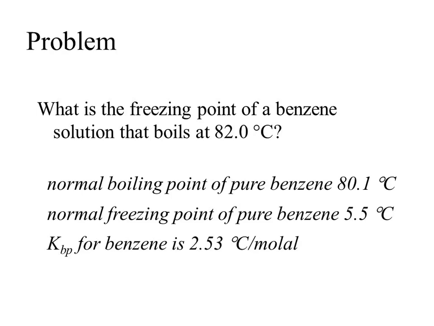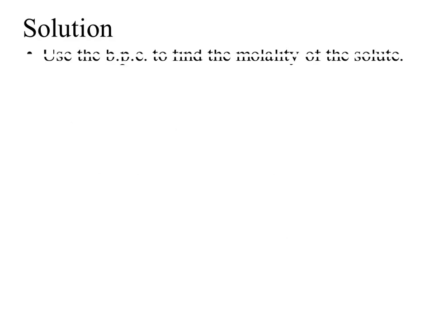So here we go. The KBP and the KFP, we look them up for benzene. It's a classic sort of problem. So let's knock these out. Okay, this is what I said.